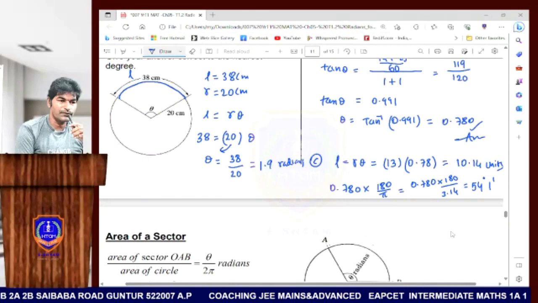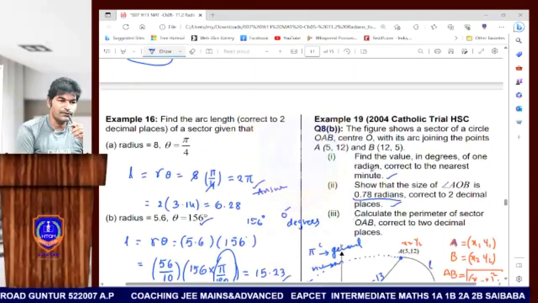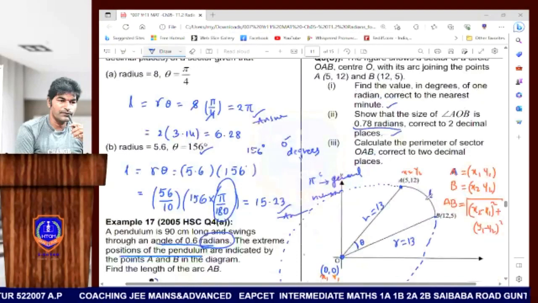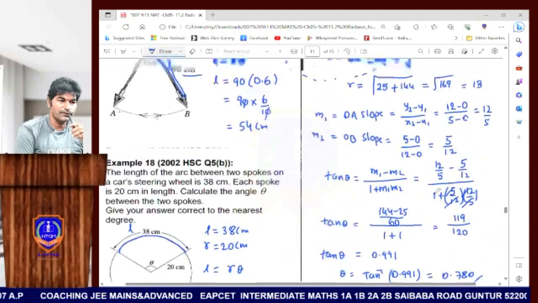He also asked for the degrees of 1 radian correct to the nearest minute. The nearest minute was 1 minute. 54 degrees, 1 minute. This is the answer for the first question.